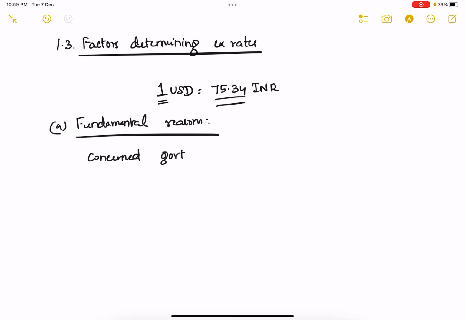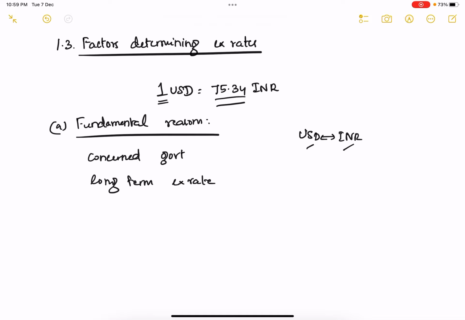For example, when exchange rate is quoted between USD and INR, the basic economy and monetary policy of the American government and the government of India disturbs the movement of exchange rates. These causes normally affect the long-term exchange rate.